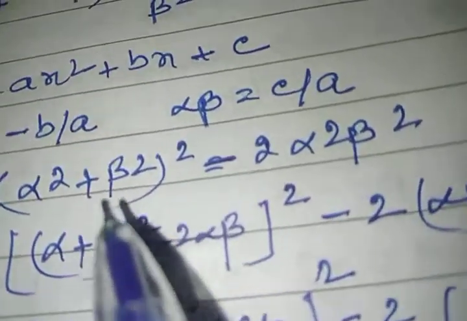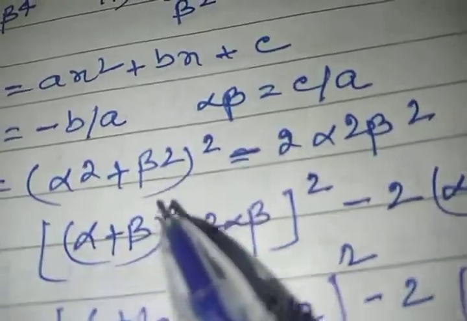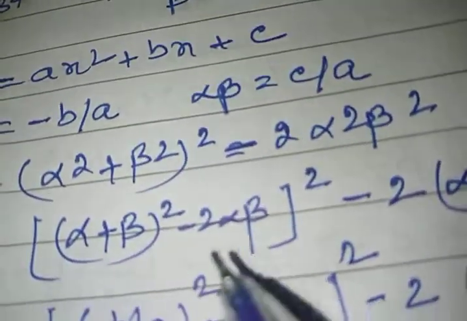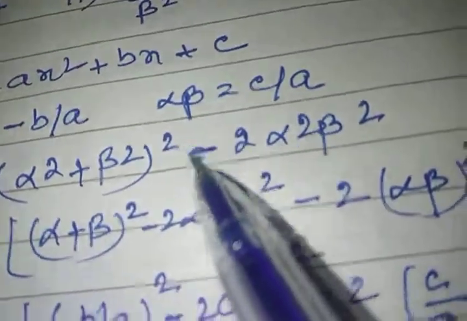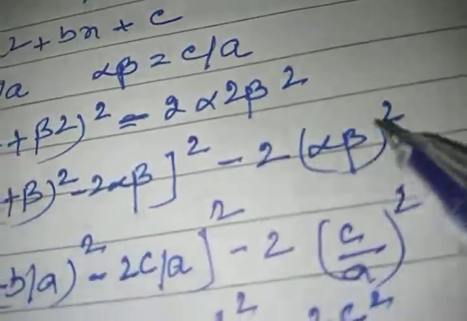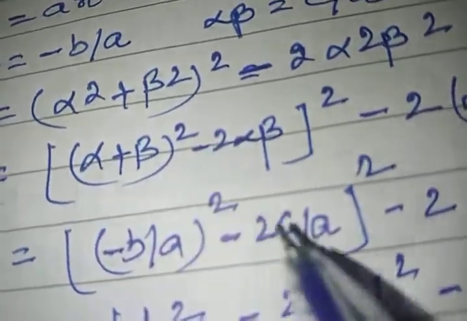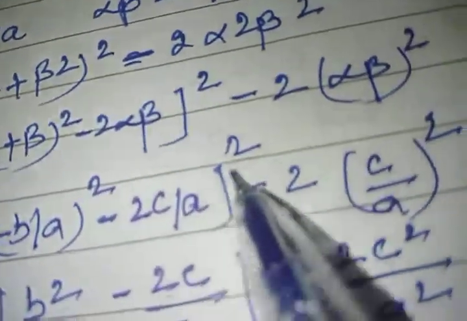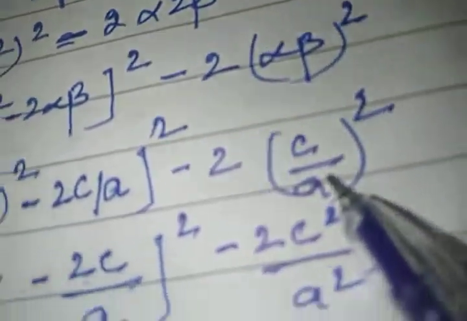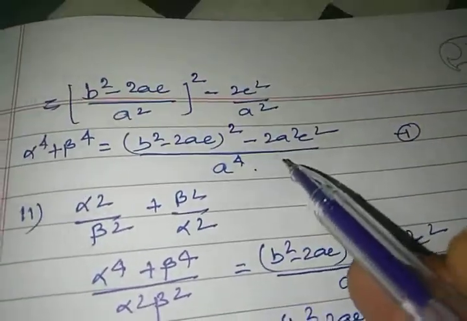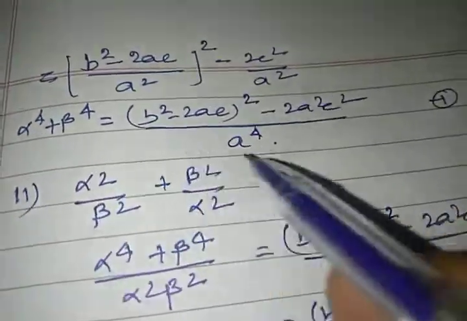And further alpha square plus beta square can be written as alpha plus beta whole square minus 2 alpha beta. This is whole square minus 2 alpha beta whole square. The value of this is minus b upon a whole square, alpha beta is c upon a, whole square minus 2 times c upon a. So solving this, you will come here. So this is the value of alpha 4 plus beta 4.